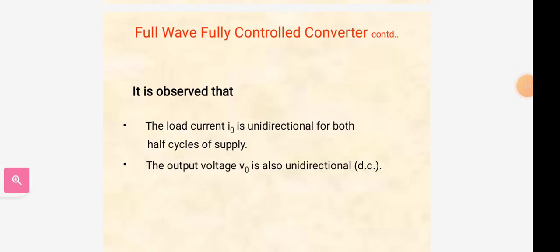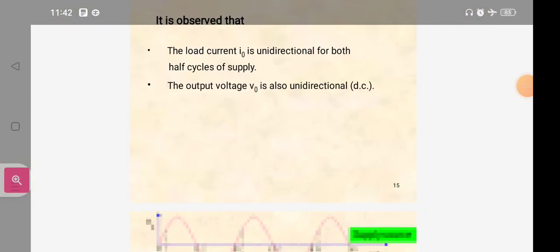So it is observed that in a full wave fully controlled converter using resistive load, the load current I0 is unidirectional for both half cycles of supply. The output voltage V0 is also unidirectional, meaning DC.